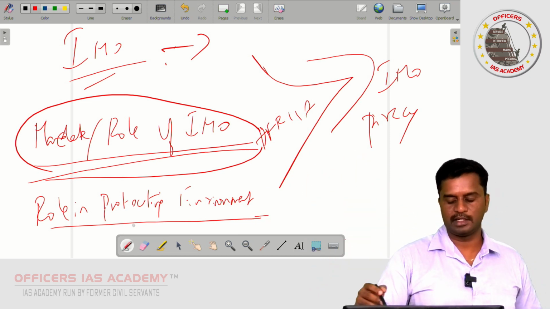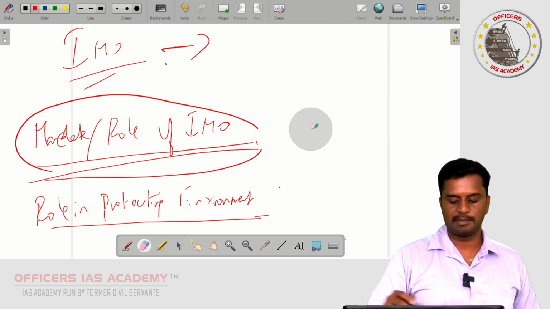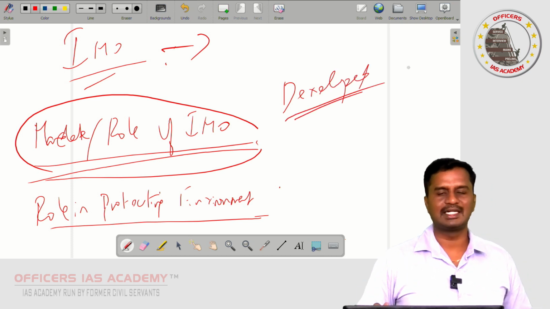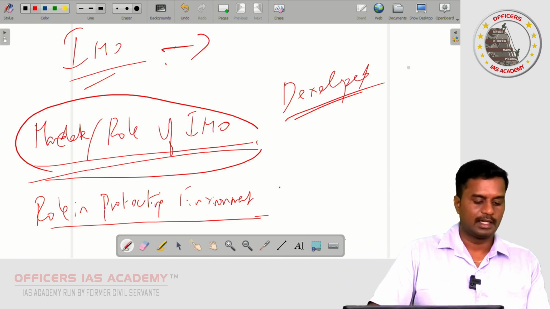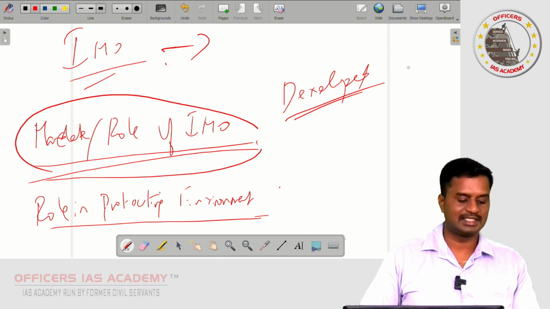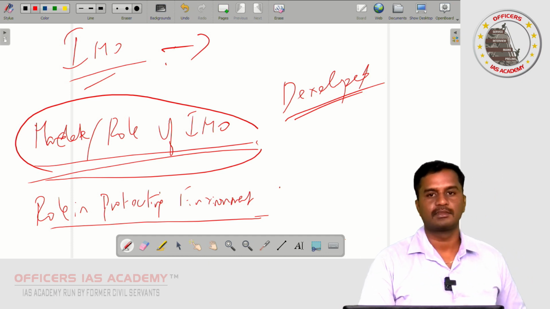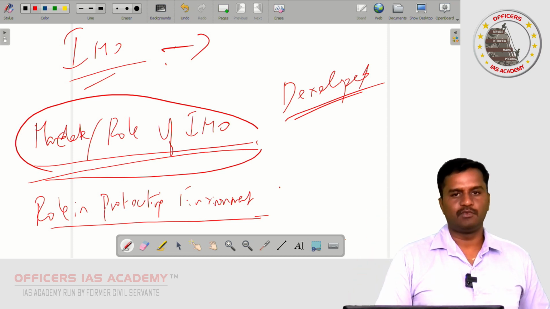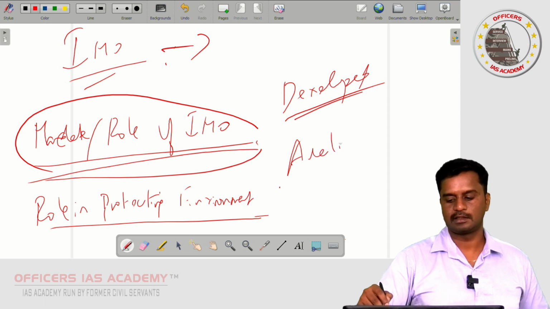Now, one of the issues in IMO is that it is dominated by developed states. As a result, it is unable to efficiently protect environment and enhance maritime safety and security. So, mention these issues also. Apart from this, IMO also takes care of the polar regions, especially Arctic.